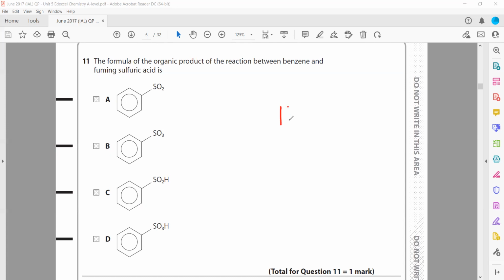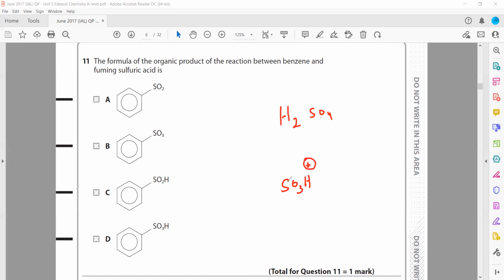We have H2SO4. When H and one of the O is removed from this, it produces SO3 or HSO3.